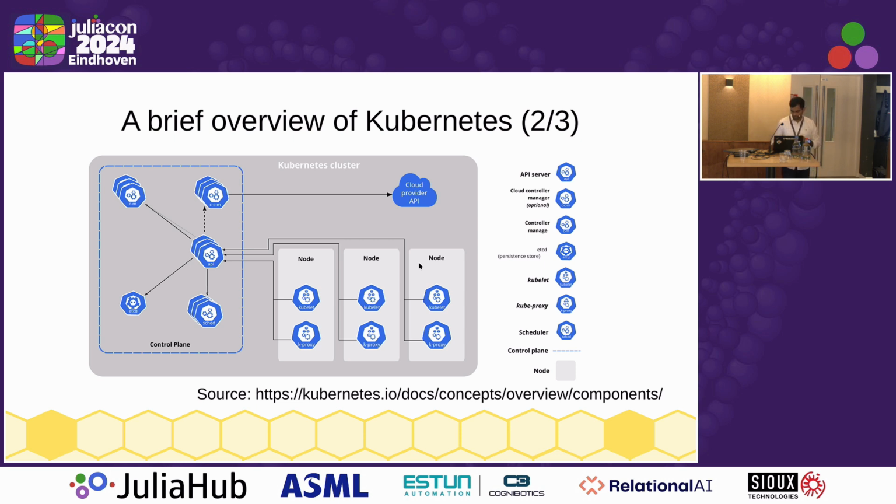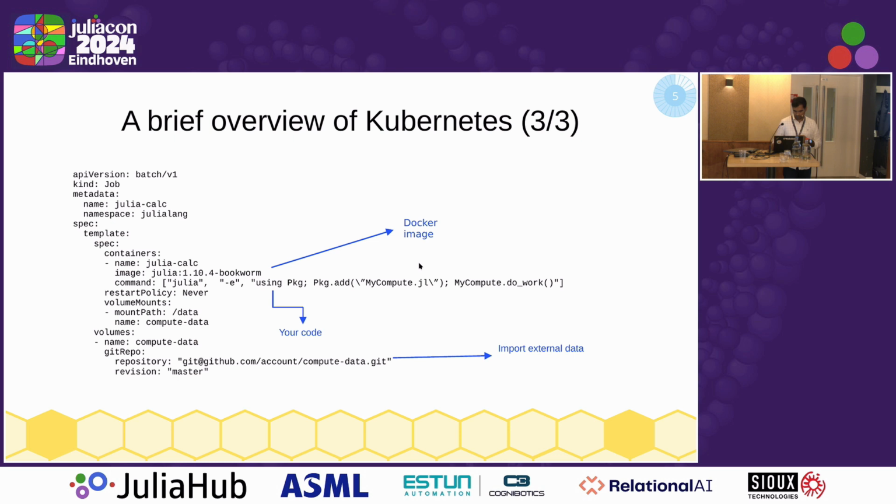Okay, moving on from this. I just put up an example YAML file. Much of what you submit to Kubernetes is written in YAML as a standard. Whatever client you use takes that YAML, makes it an API request, sends it to Kubernetes, and then Kubernetes deals with it. This is just a simple Julia application. You mention the Docker image of Julia here.